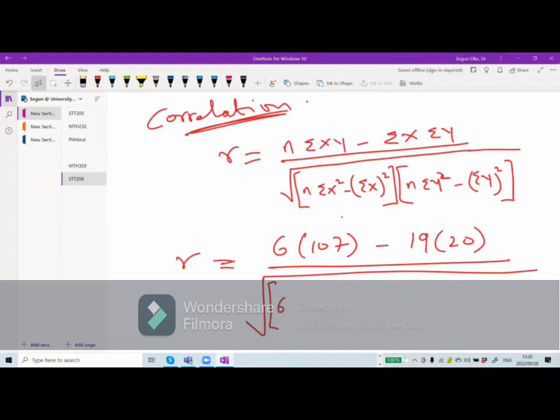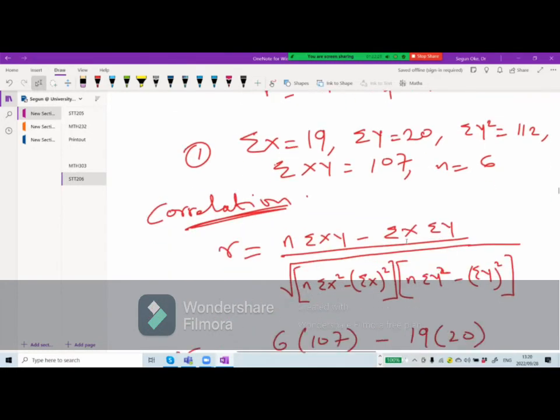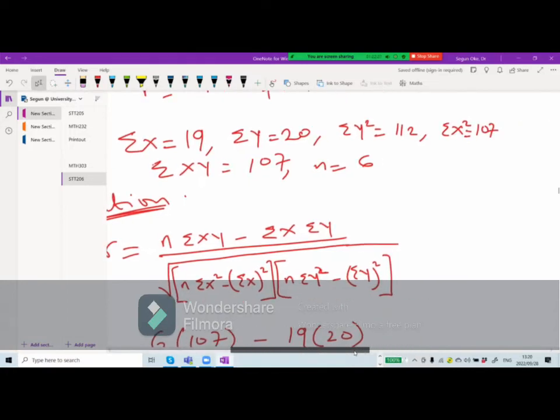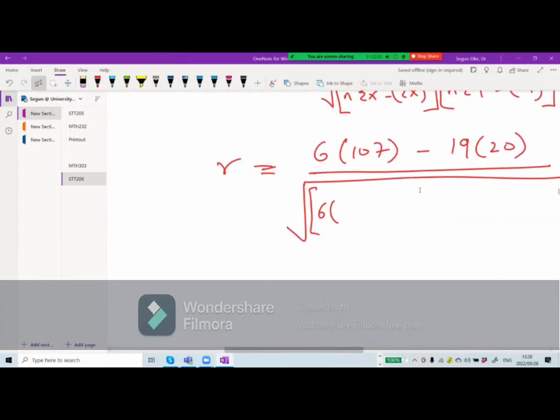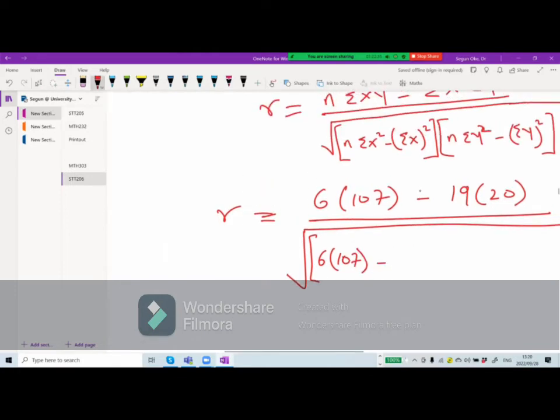You have 6 multiplied by summation X squared, 107, minus summation X, 19, all squared.